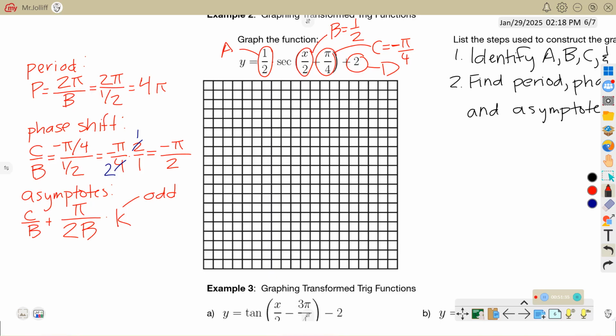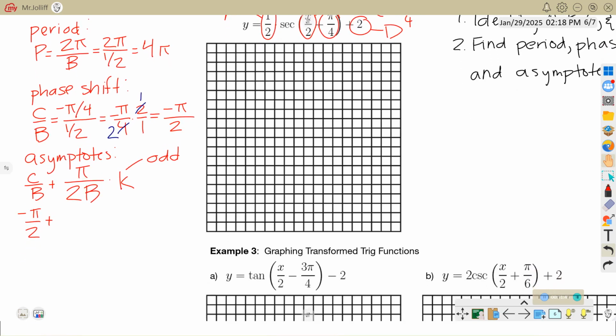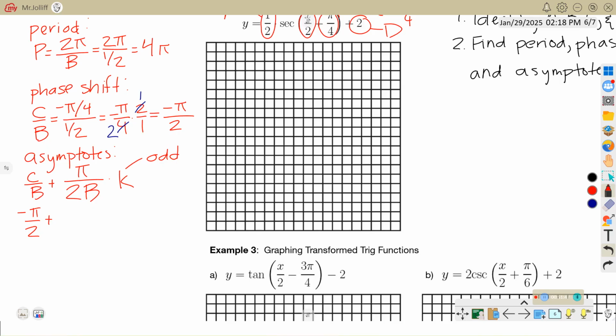And we plug numbers in. We know how to do that. We just figured out c over b is negative pi over 2. Save ourselves some headache. Plus, and then we're going to do pi over 2b. What is my b? 1/2. 2 times 1/2, which is 1, yeah.